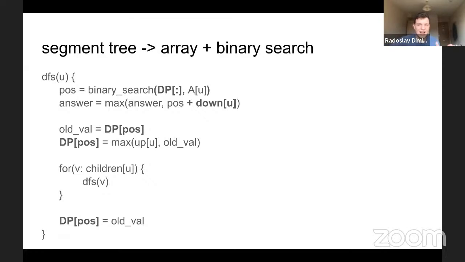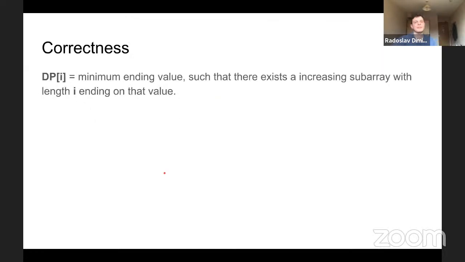But I guess it's already clear that the implementation of this solution is way simpler than the previous one, because instead of a segment tree, you can just have a lower bound, technically an upper bound, for the position. After that it's just editing some positions of an array, which is simpler to implement. But let's go to what this DP will represent.